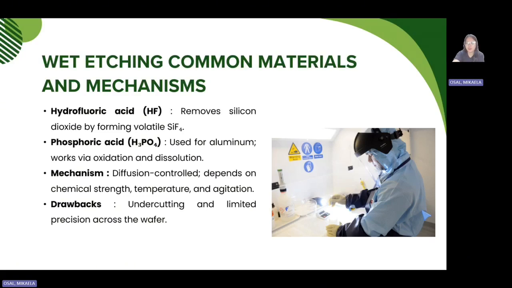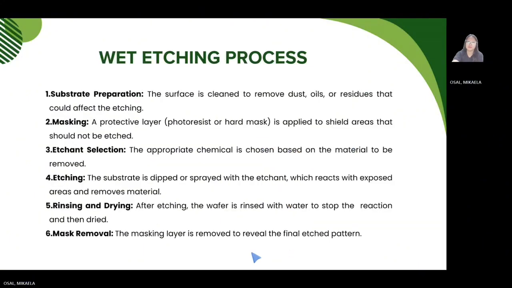Reaction rates can be influenced by factors like temperature, agitation, and concentration. It's important to understand these mechanisms to maintain control over the etch depth and uniformity. Chemical compatibility is also critical, as some etchants may damage adjacent layers or mask materials.